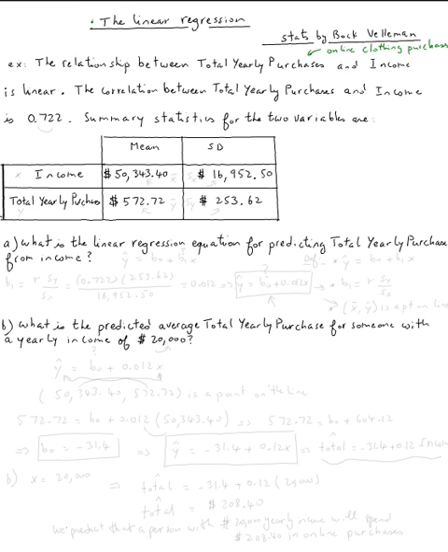0.722. The summary statistics for the two variables: the income, in this case, is the X, and the total yearly purchases is the Y value.